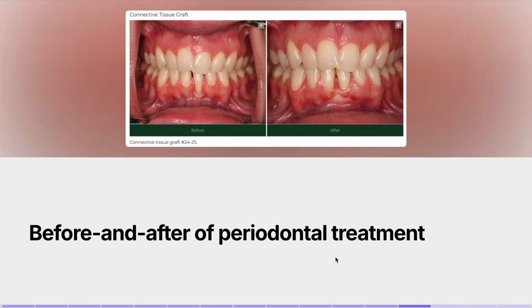And here the picture shows us before and after periodontal treatment, such as grafting of connective tissue.